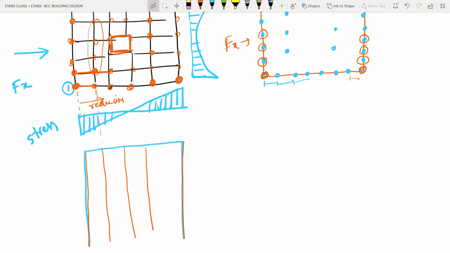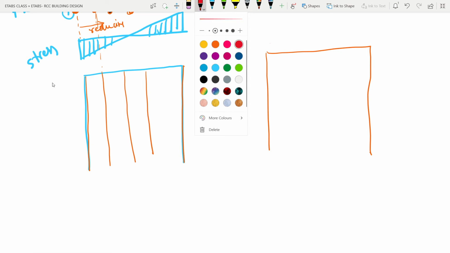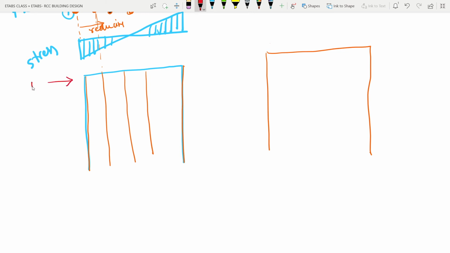If I just start from this particular bay, the frame will be something like this. If the force F is from this direction, obviously if the lateral force is coming from this direction, this particular face will be under tension, this particular face will be under compression.